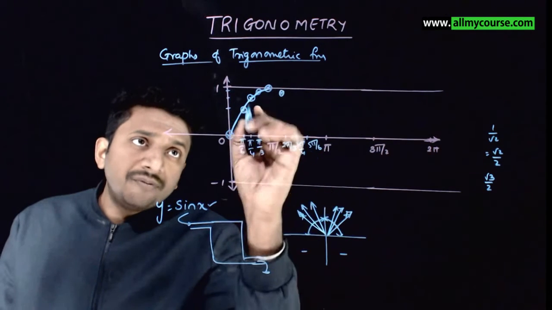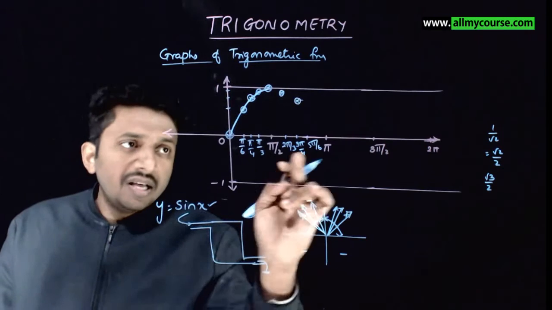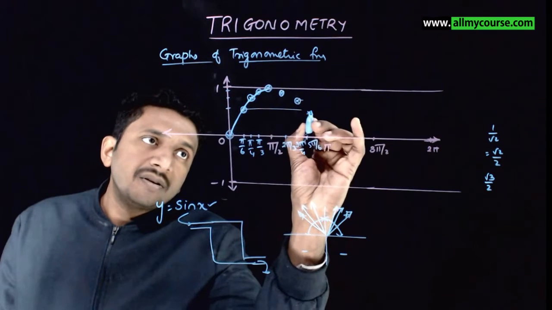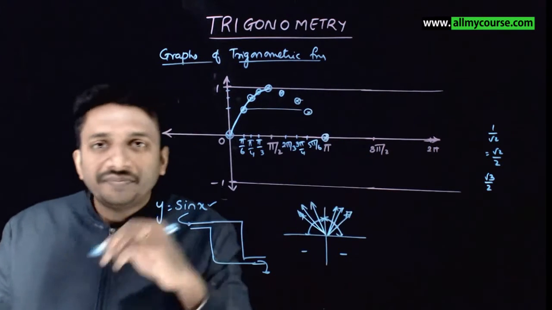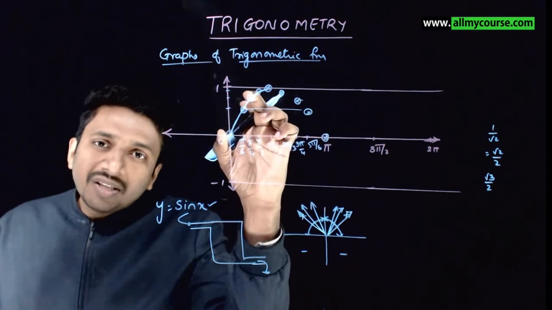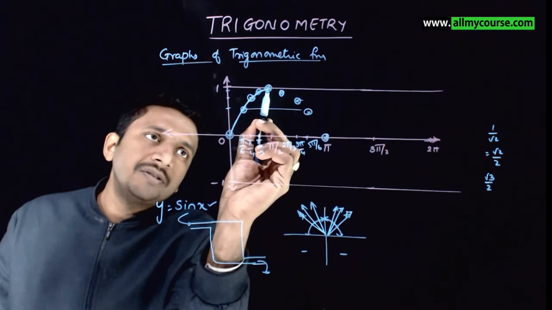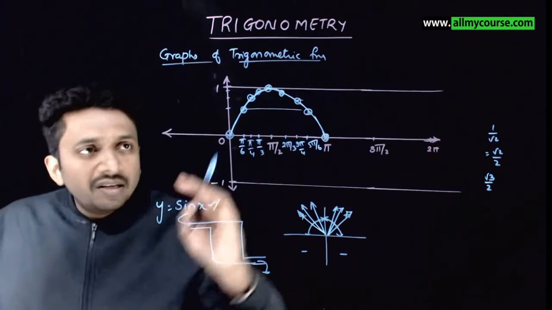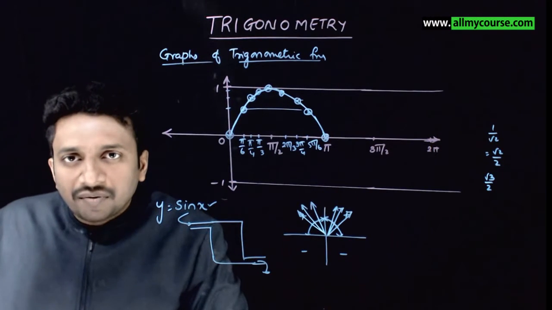Sine 3 pi by 4 is same as sine of 45 degrees. Sine of 150 degrees is same as sine of 30 degrees. And sine pi is same as sine 0. So all these are allied positions to the corresponding positions in the first quadrant. That means sine passes through these points also. So you have a curve which goes from 0 to 1 and comes back to 0 in the second quadrant.